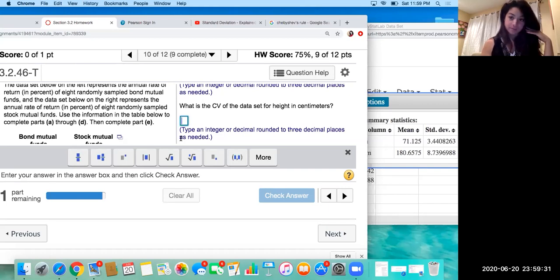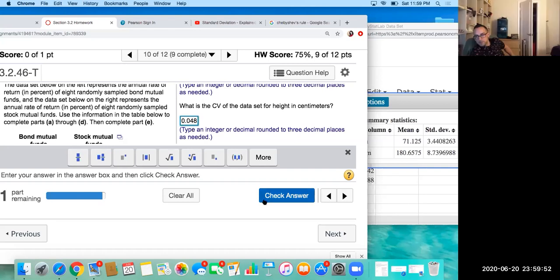0 divided by point... Why is it the same? It could be the same. Maybe that's the point.